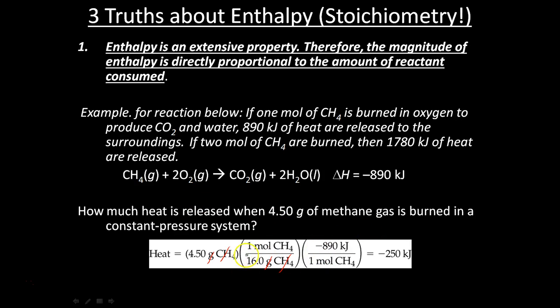And so if we do this conversion, start with the mass of methane, convert it into moles of methane, and then convert that into how much heat is released, we end up with 250 kilojoules of heat released when you burn 4.5 grams of methane.